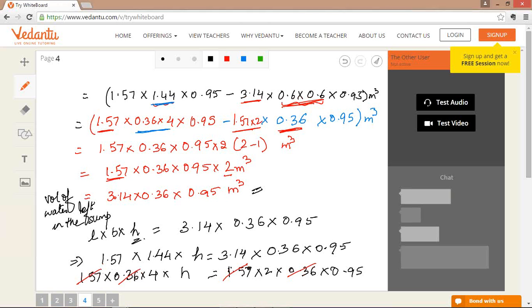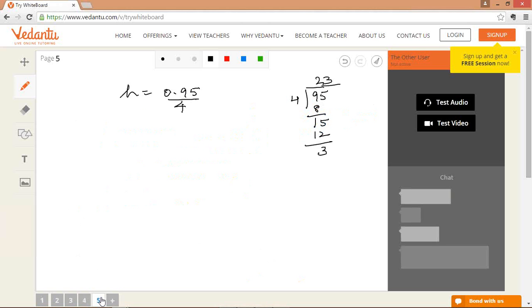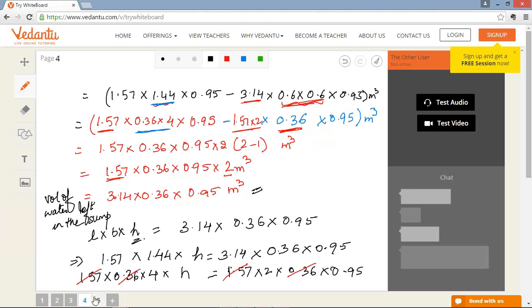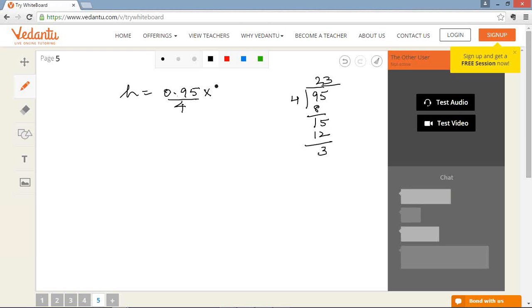Yeah, I missed out something. It is 0.95 into 2 and then divided by 4. That gives us a lesson that whenever we are turning pages in the exams, we have to be careful in doing the calculation. Whenever we are copying from one page to another, we have to be very careful in copying the digits. See how I made a mistake.